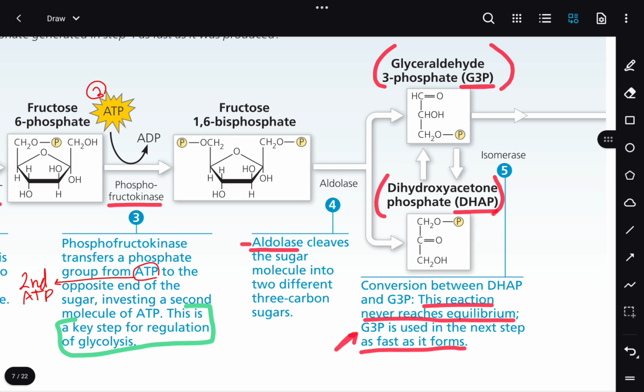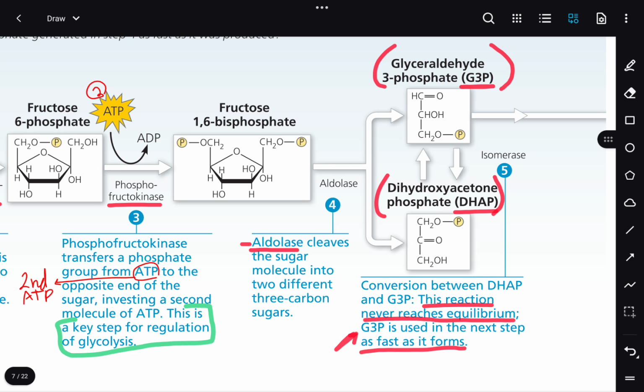It wouldn't matter because it's going to be cleaved and each of them will have a phosphate group. However, only G3P will continue with the steps. Instead of creating 2 G3P, we have G3P and DHAP.